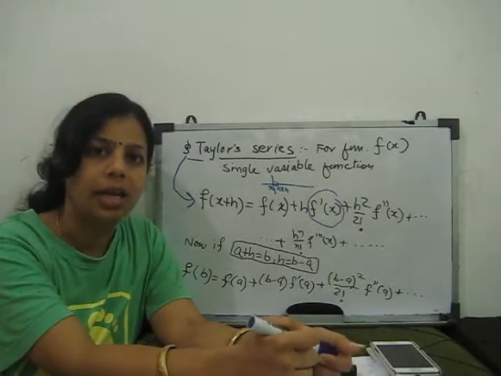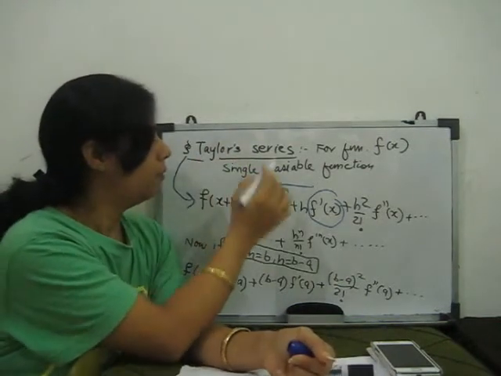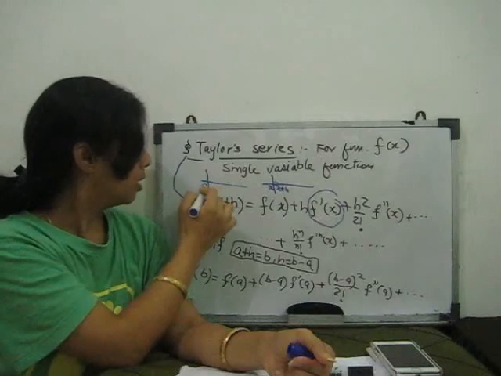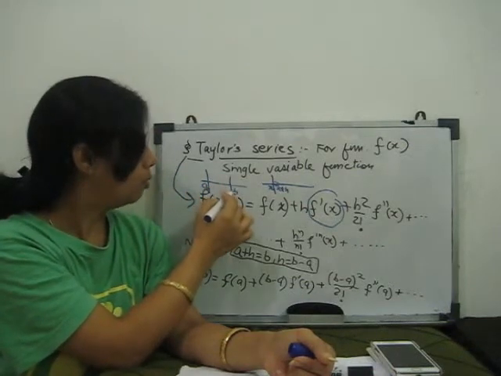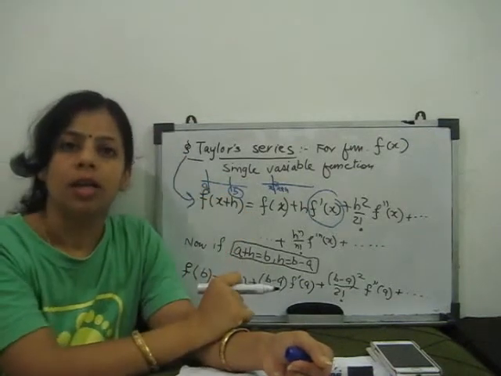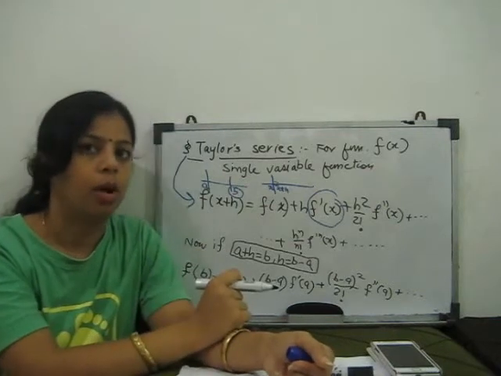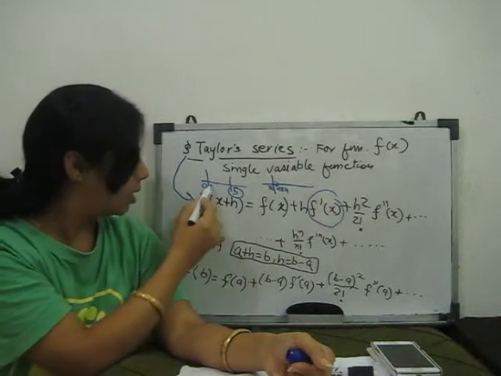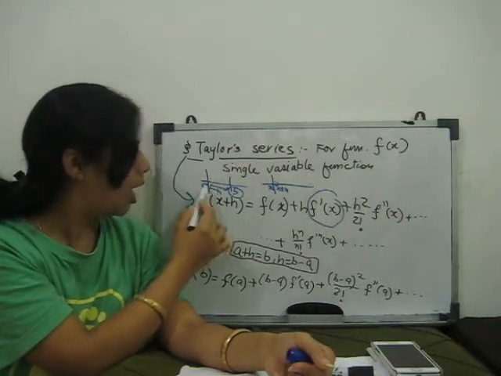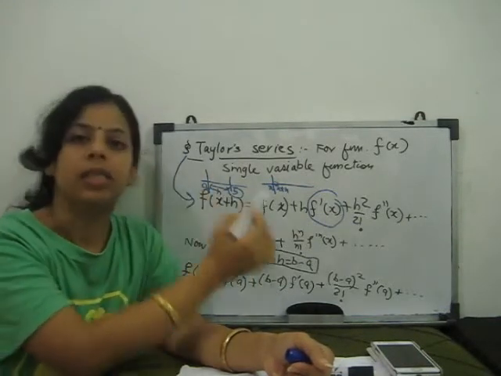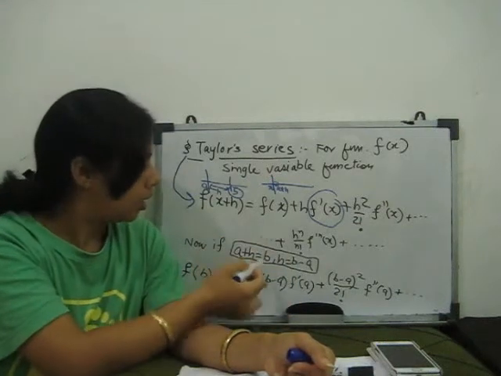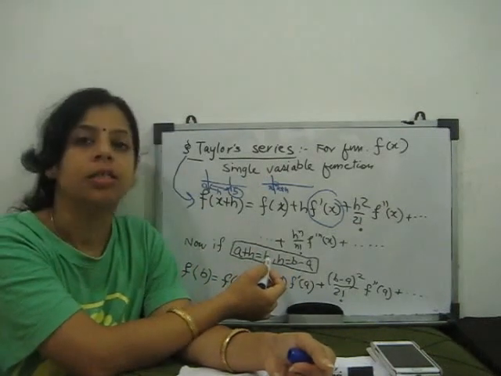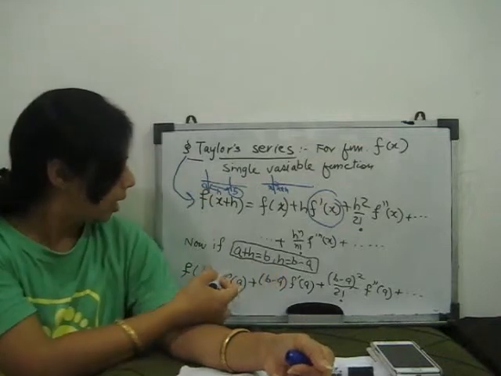Again, if we consider any fixed point b, and this is point a and this is point b, and we want the Taylor series for that point b, then we can say a plus h, if this distance is h, then a plus h is equal to b. What is our Taylor series then?